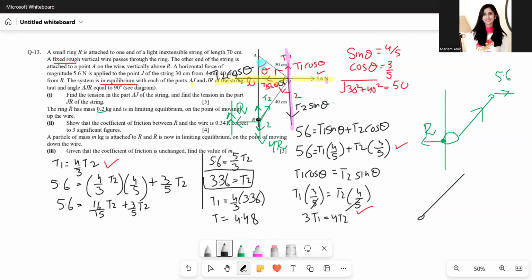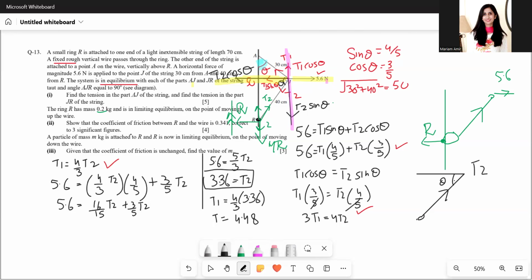Okay, here's T2, and here was theta, and there's going to be an upward component and a right component. The upward component is going to be the sine component because it's opposite to the theta.